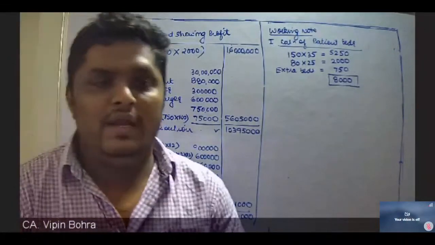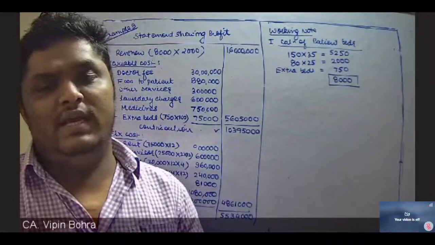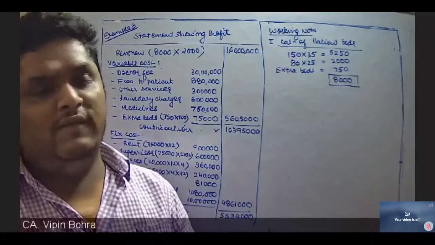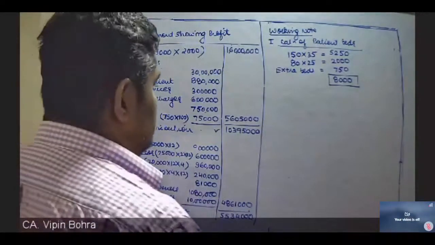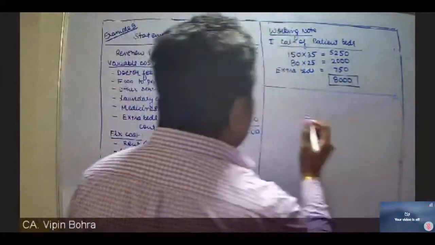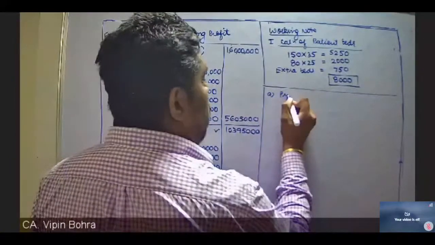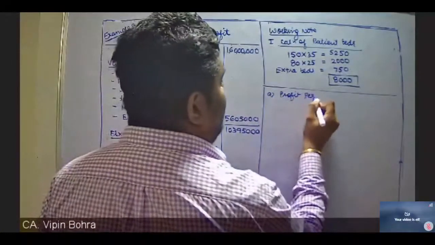You are required to calculate the profit per patient day if the hospital recovers on an average 2,000 per day from each patient. So now, the part of our working note. So A point. Profit per patient day.